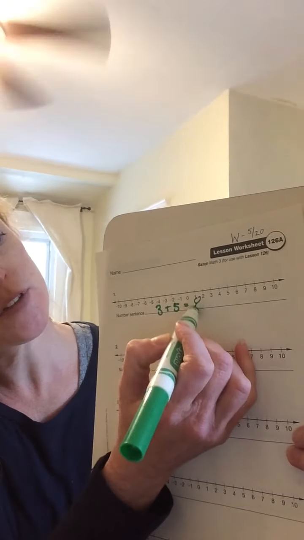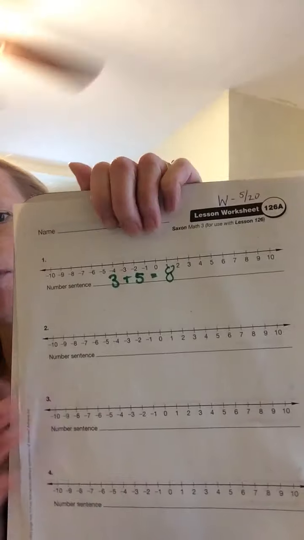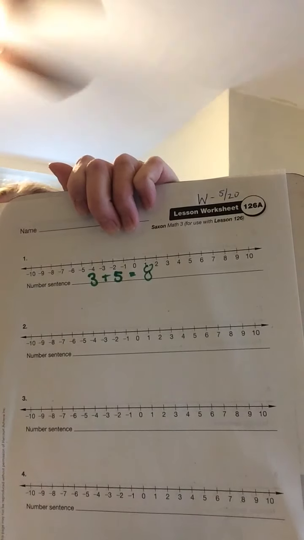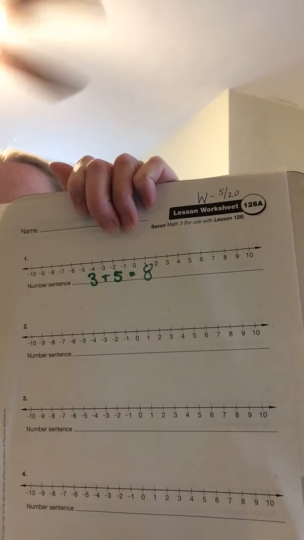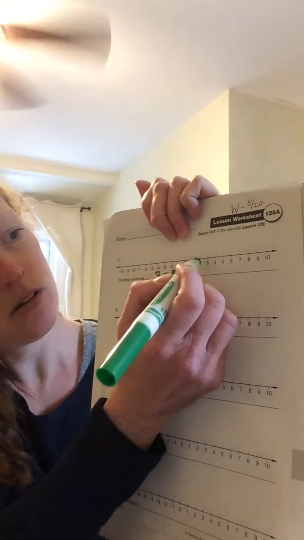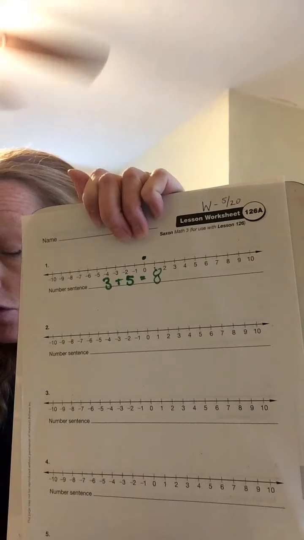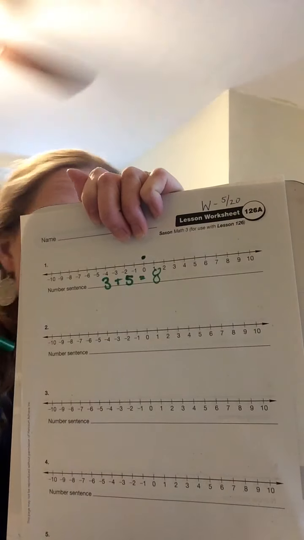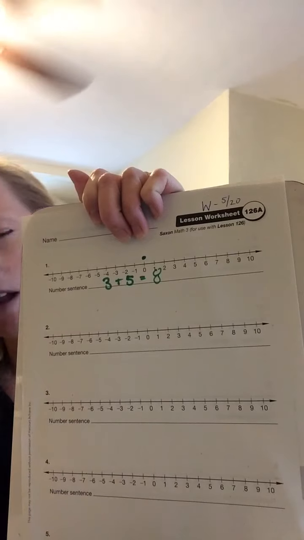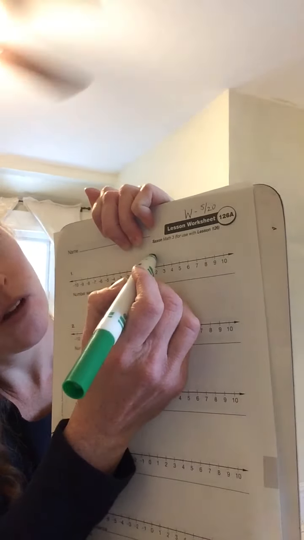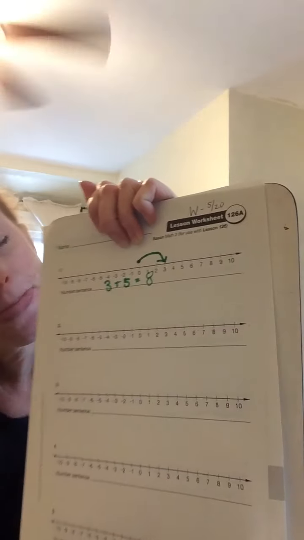With all number sentences, before you even have the problem, you start at 0. So for this number sentence, we're going to start at 0 on the number line, which is right here. And we're going to show it by using arrows to increase. So at 0, I'm going to go to 3.